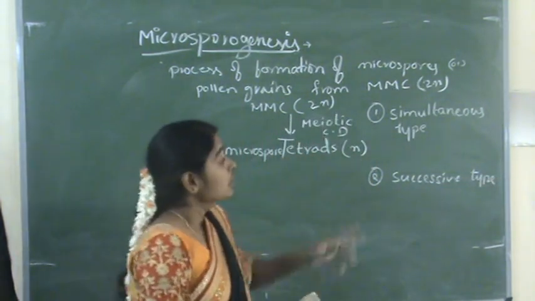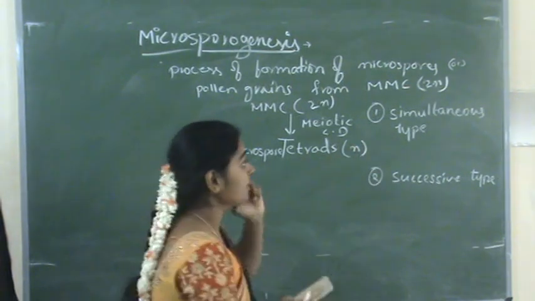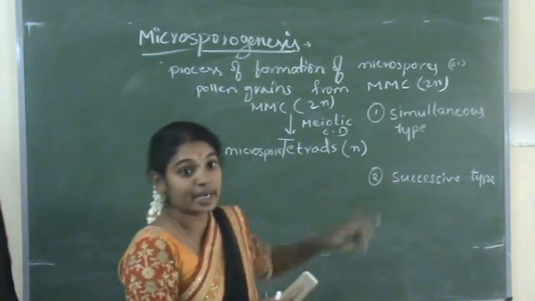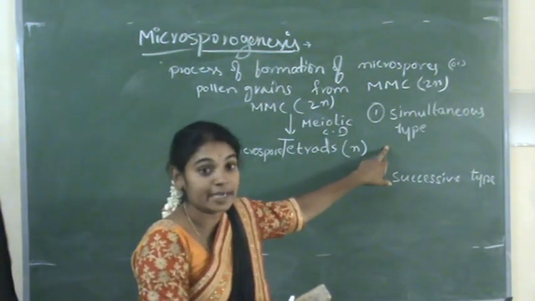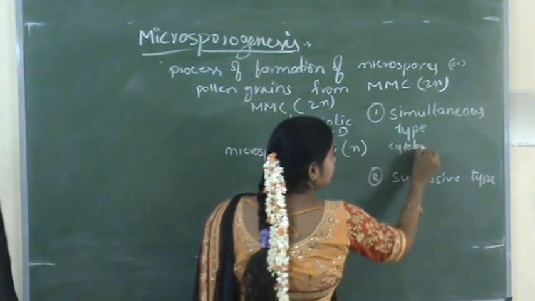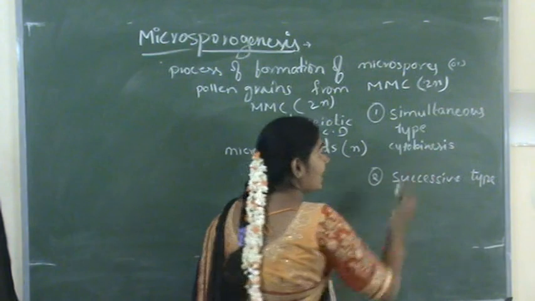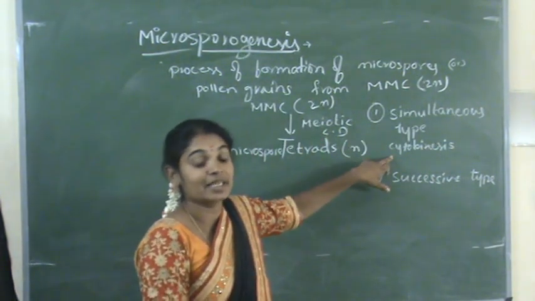In the simultaneous type, the cytokinesis, which is the division of the cytoplasm, occurs after both meiotic divisions are completed.